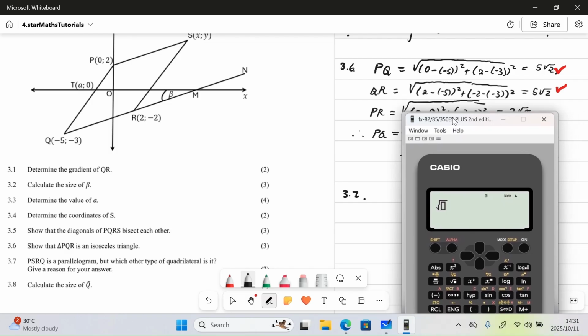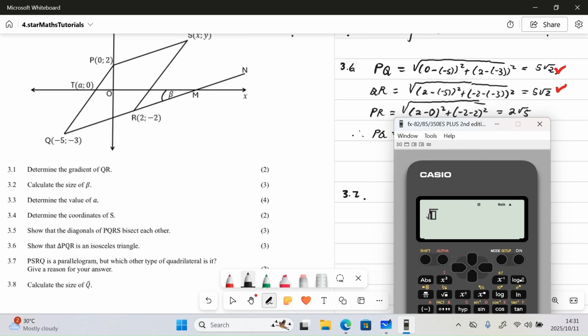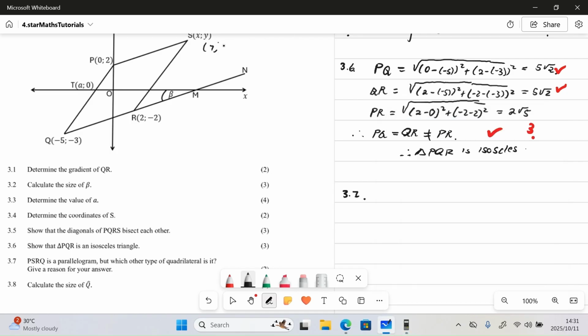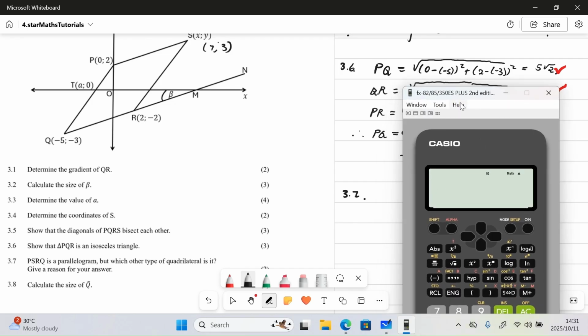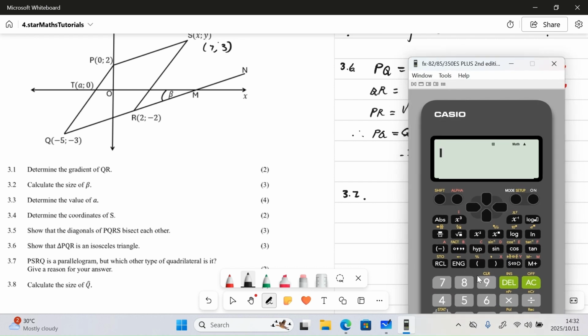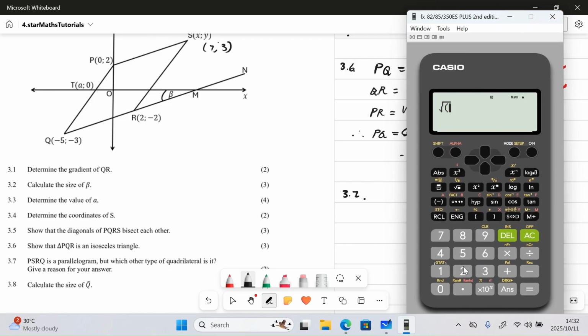So let's find the distance of SR, by having 2 minus 7, squared, plus 3 minus, which is plus, the same as 5 root of 2. The distance of SR is 5 root of 2.